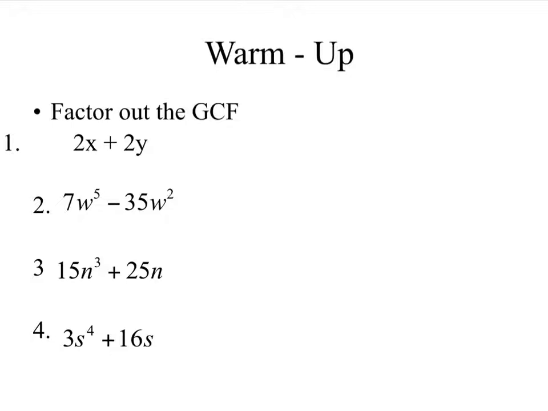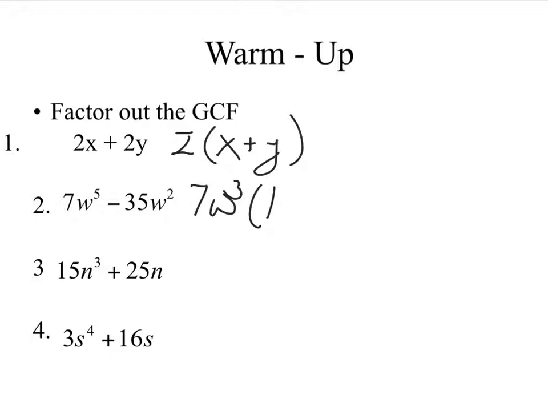Looks like there's another warm-up depending on which one I chose, so I'm going to go ahead and go over this one as well. I'm going to factor out the GCF in the first problem, pulling a 2 out. That leaves me with 1x plus 1y. In the second problem, I can pull out a 7w cubed. That will leave me with 1w squared plus negative 5. Number 3, I can pull out a 5n.